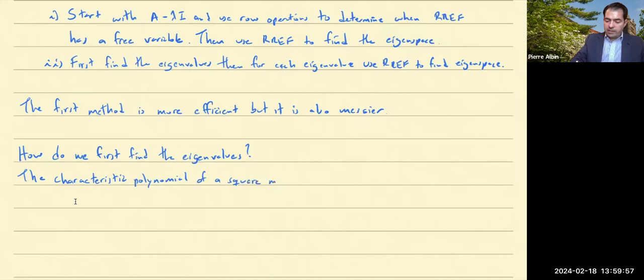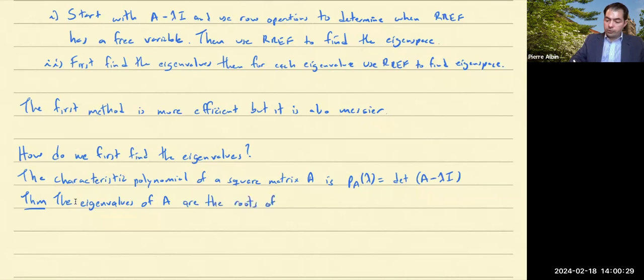So if you have a square matrix A, then its characteristic polynomial is the determinant of A minus lambda times the identity. Right? And then here's a simple theorem. The eigenvalues of A are the roots of its characteristic polynomial.